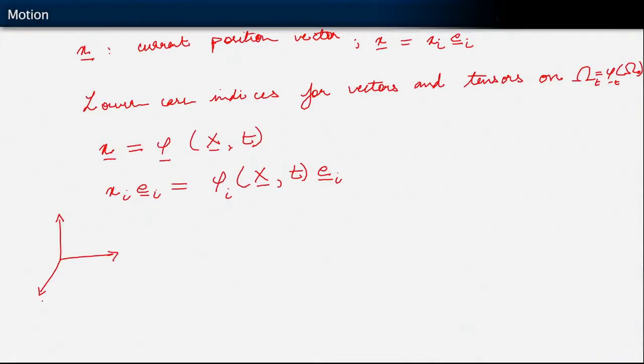Let me write our basis vectors as E1, E2, E3. I am going to draw out the reference configuration of the body here. It is in 3 dimensions.